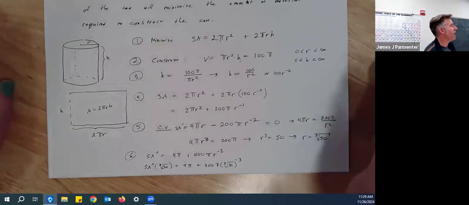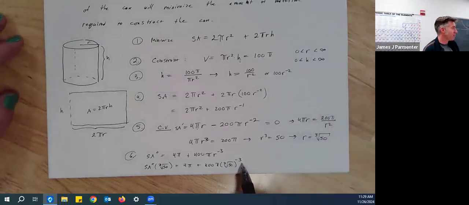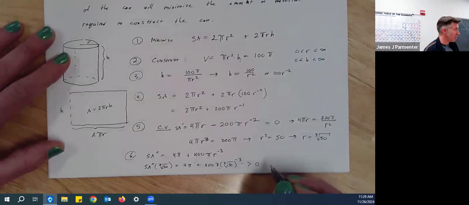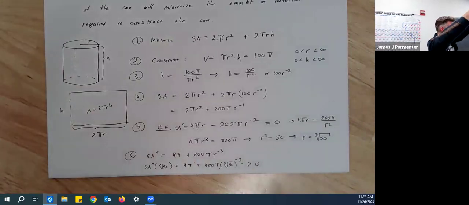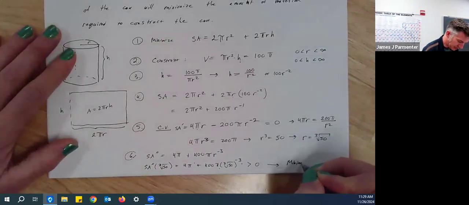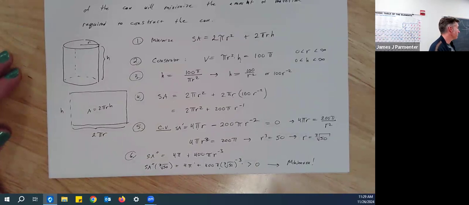Technically there's a negative power, but that's not going to change the sign. Cube root of 50 to the negative third power is going to be something positive, 1 over 50. Times 400 pi is still positive, plus 4 pi is still positive. So this is definitely positive, which means we're concave up, which means we have to have a minimum, as we expected, or as we were asked to find. Or we could have used the first derivative test.